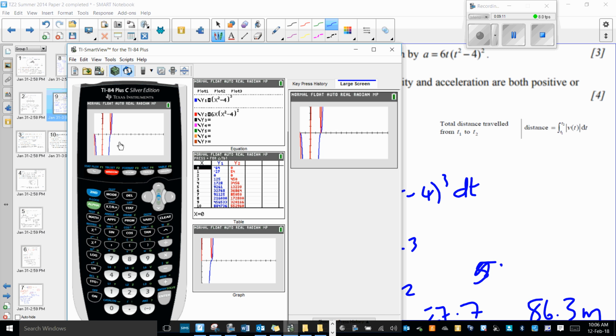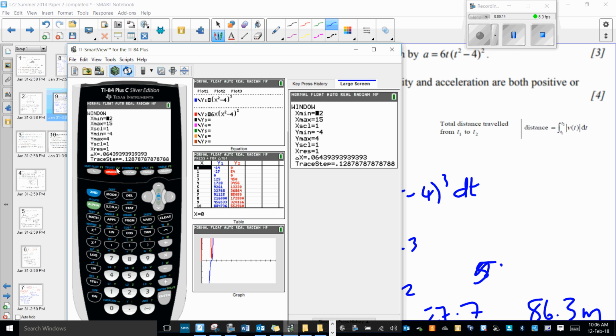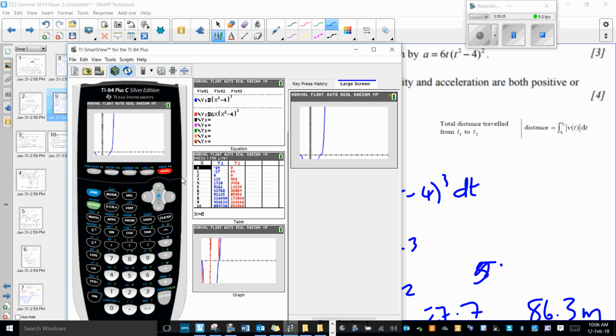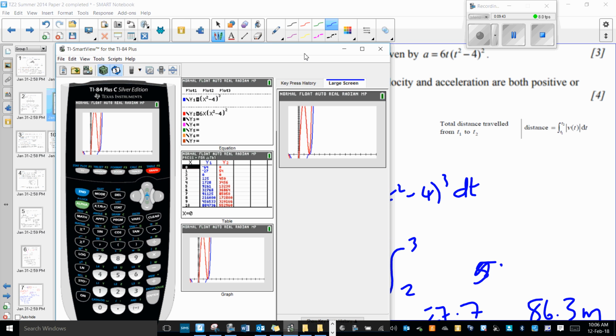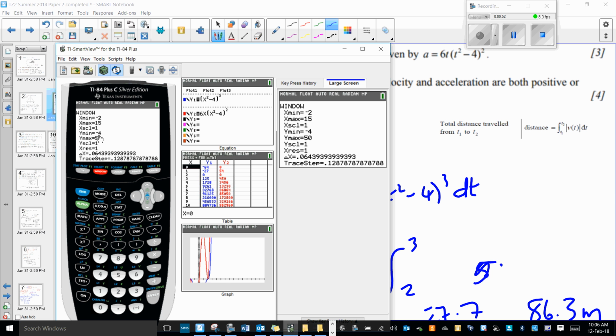Right, let's change our window. What is going on with this graph? All right, so we need to know when they're both positive or both negative. Perhaps 50 was a bit too excessive.